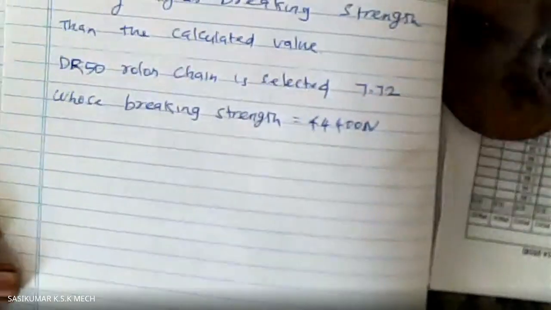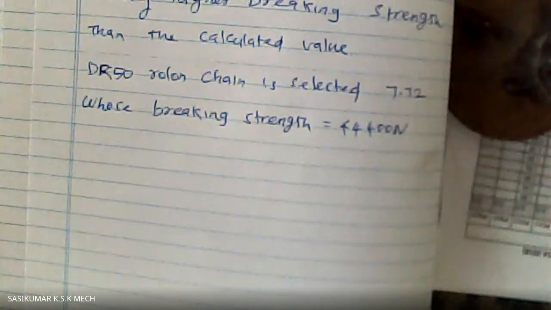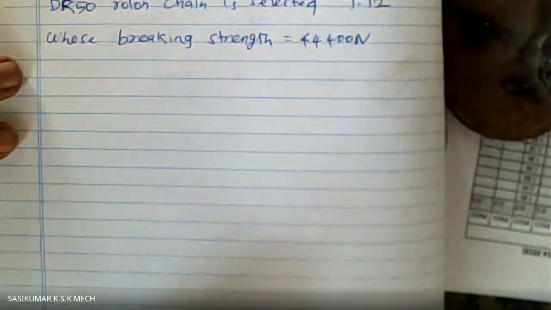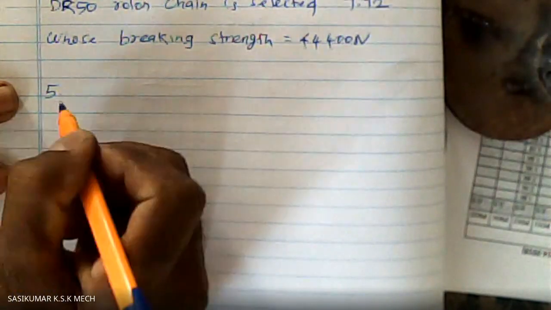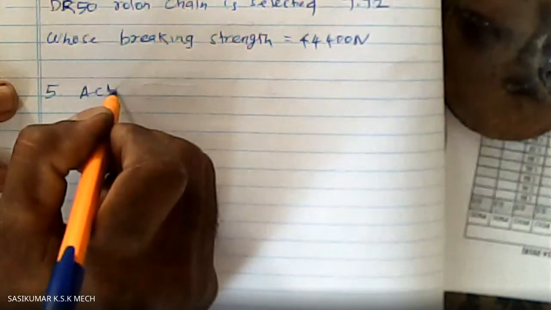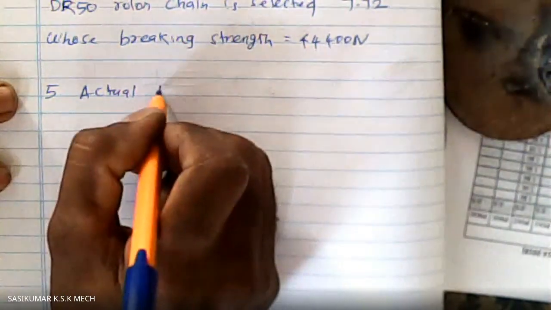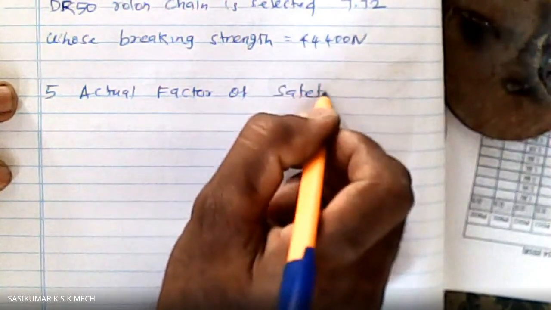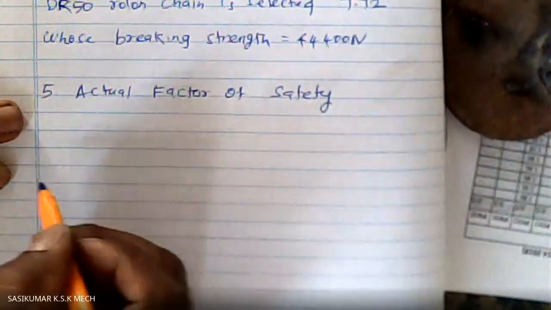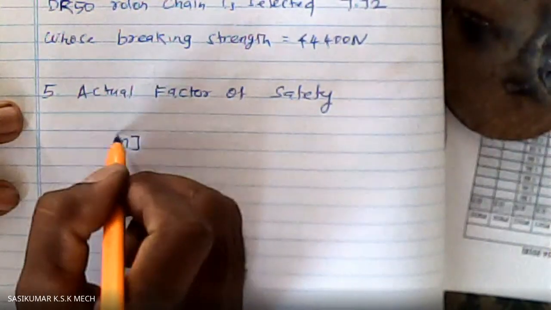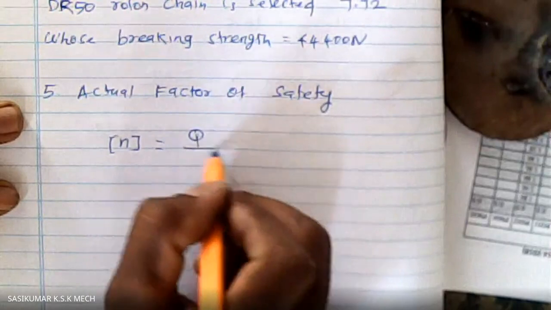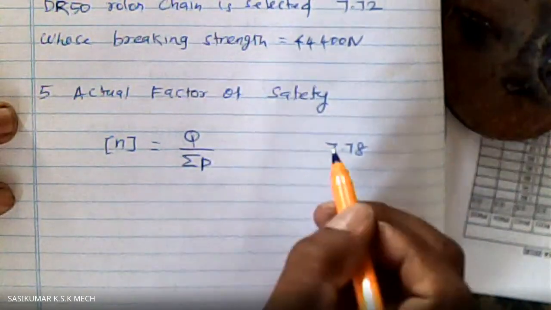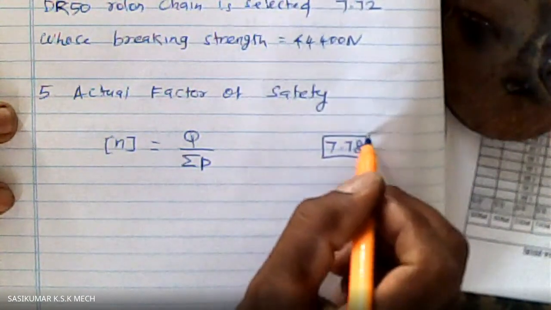Now we should find the actual factor of safety. The actual factor of safety n may be determined using this relation. This relation is available in page number 7.78 of your design data book.